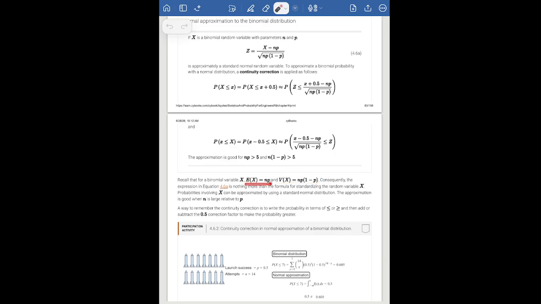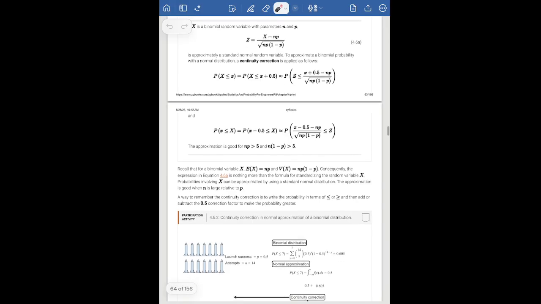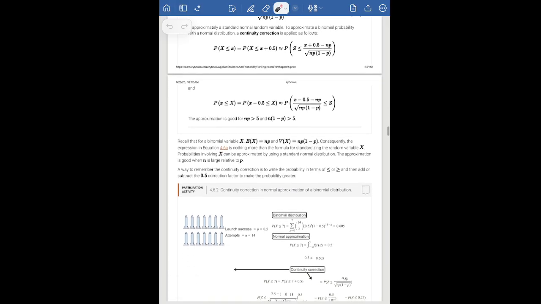All for the binomial variable. This is your expected value. This is the variance. So that is effectively the formula for standardizing the random variable x.